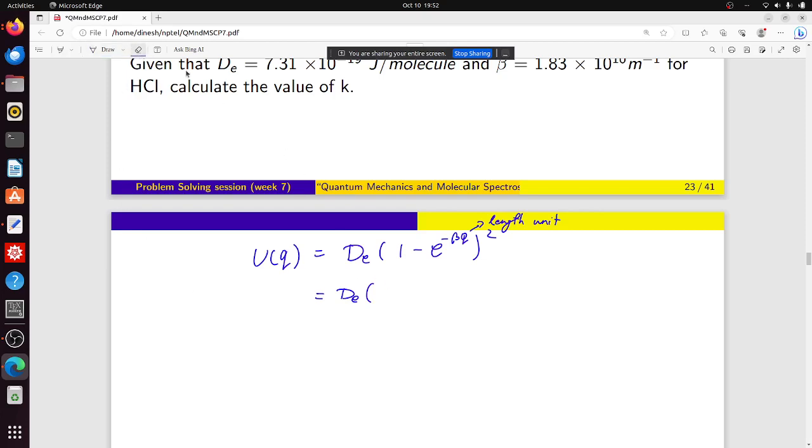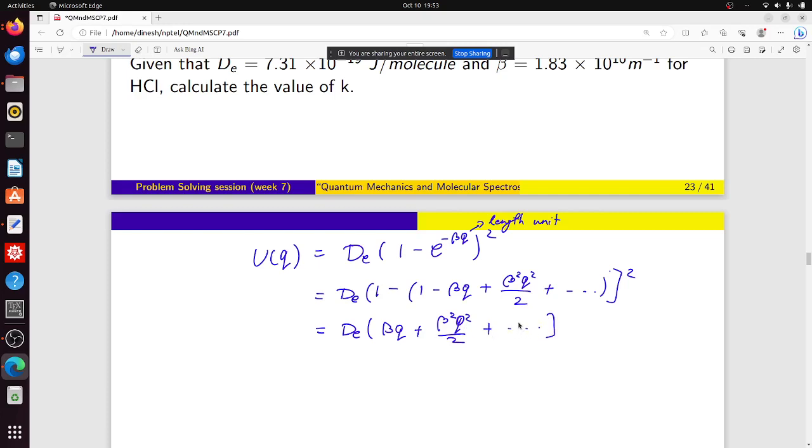So if I expand this e to the minus βq, this will give me 1 minus βq plus β squared q squared over 2 and higher order terms. Okay, whole square.